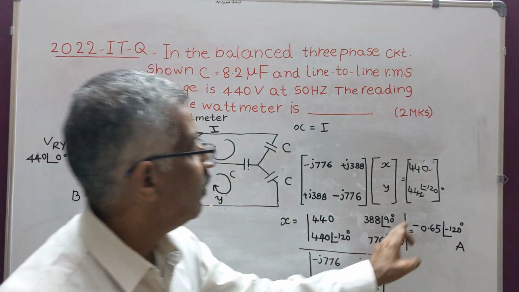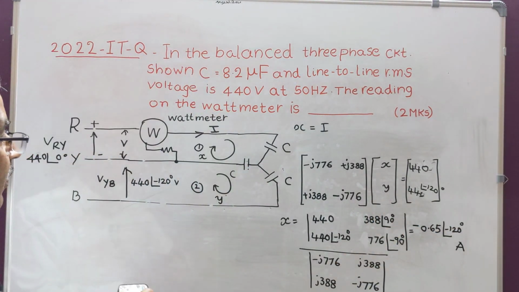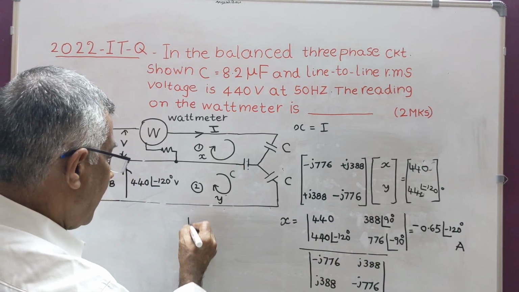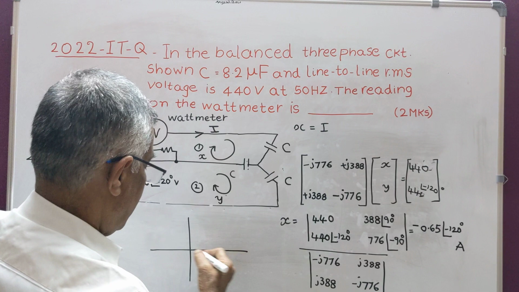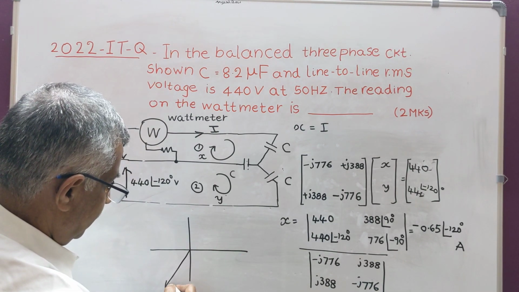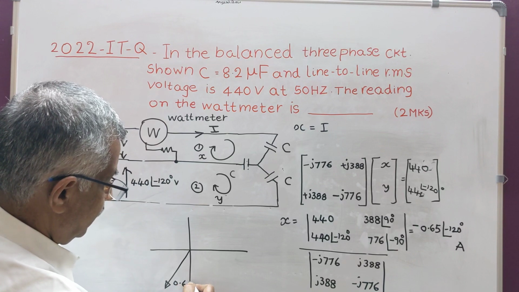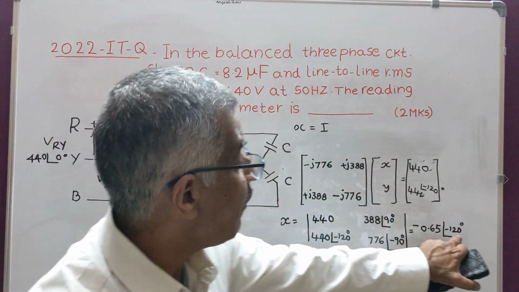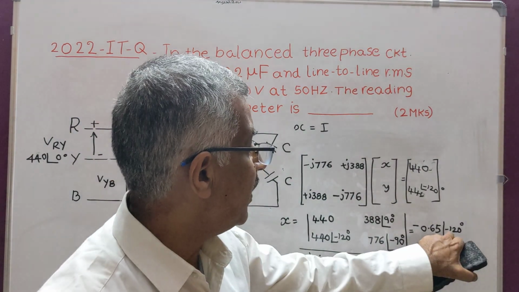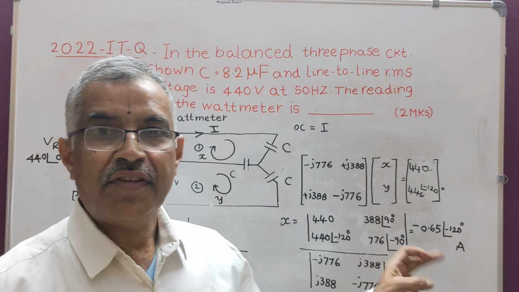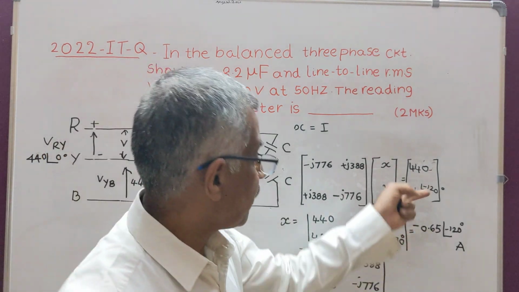So how will you locate this in the form of a phasor? In the form of a phasor, a negative angle, that is minus 120 degrees, means it is measured in the clockwise direction.